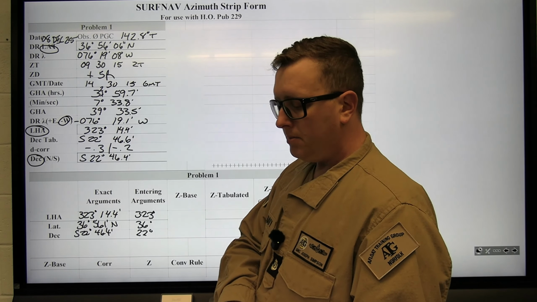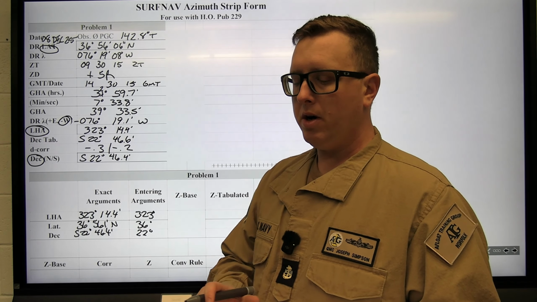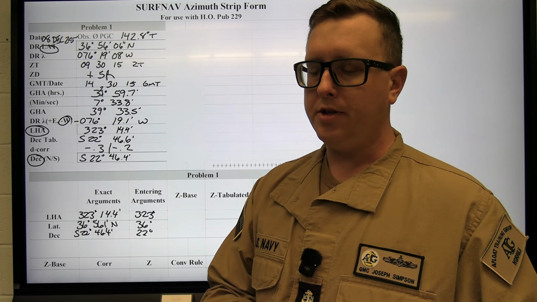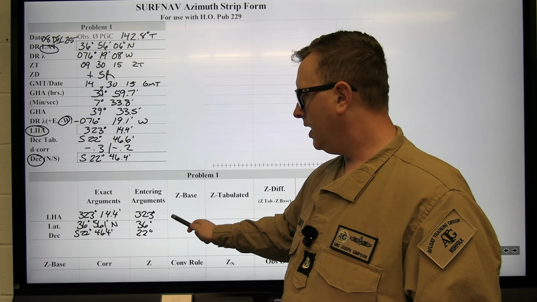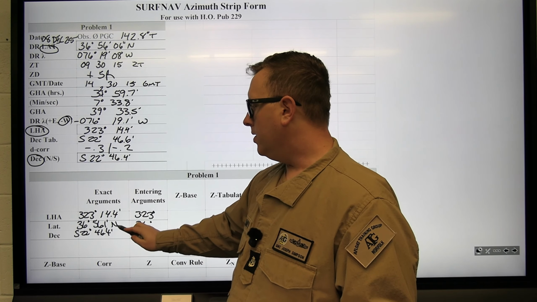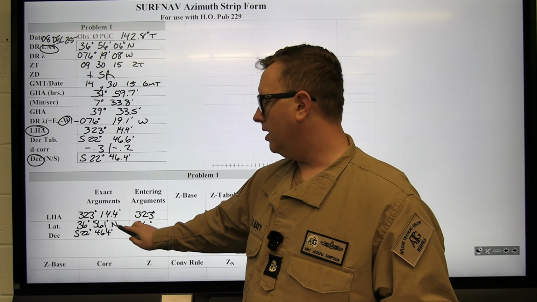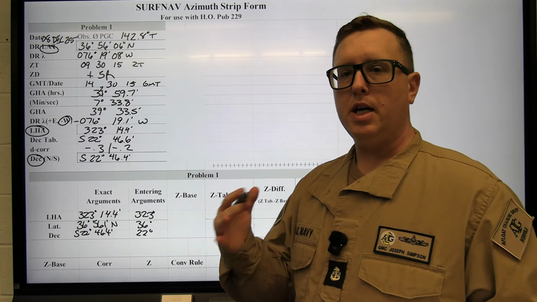For pub 229, the LHAs are at the top, and then you square off the latitudes and then the declination. So we find LHA 323, and then our latitude and declination. Notice that latitude is north and declination is south, meaning they are contrary to each other.